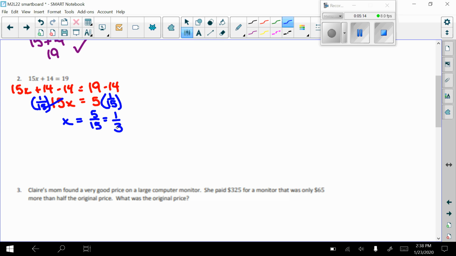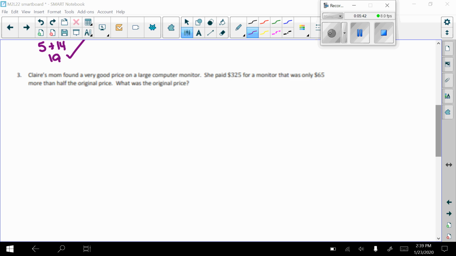Should we test it? 15, let me change color for you. 15 times 1/3 plus 14. 15 times 1/3 is 5, plus 14 is 19, which is my 19. So yes, 1/3 is my solution.